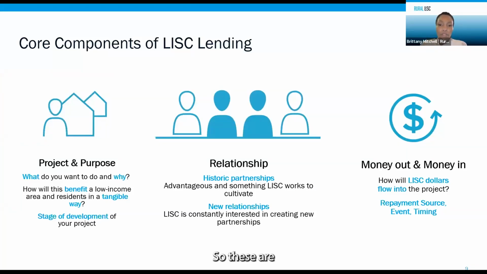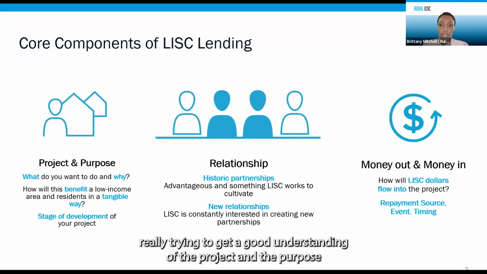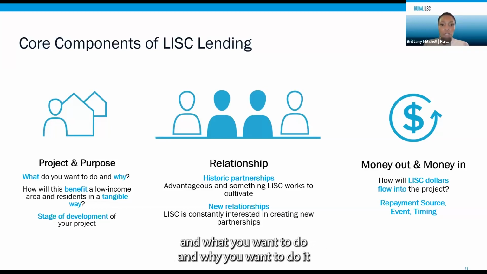So these are the core components of LISC financing to consider when making a loan request. Really trying to get a good understanding of the project and the purpose, what you want to do and why you want to do it, and who it's benefiting. LISC also really looks to cultivate relationships, not only with historic partnerships that we have, but also new relationships.